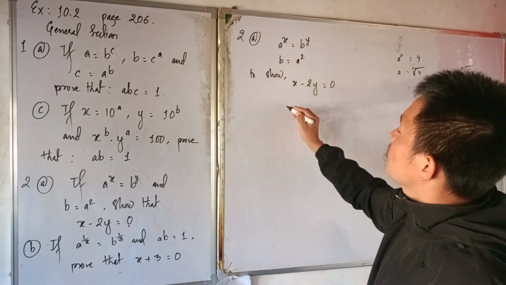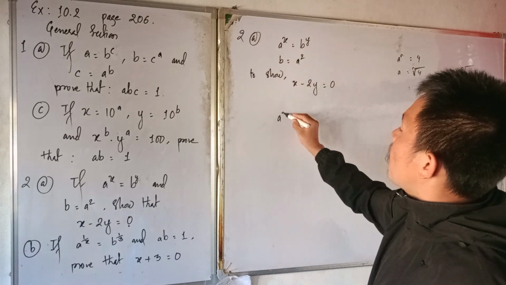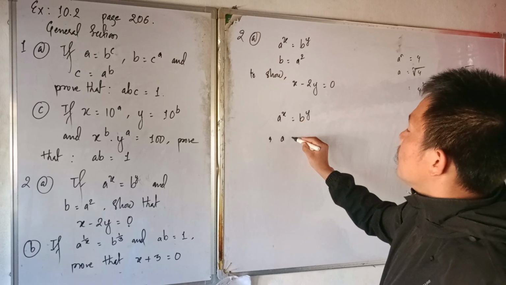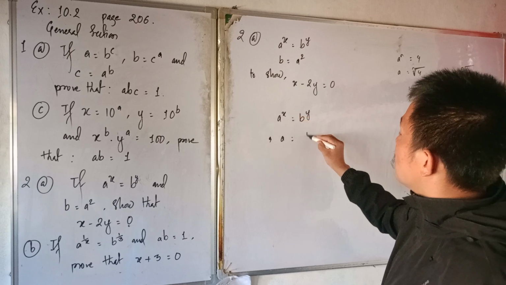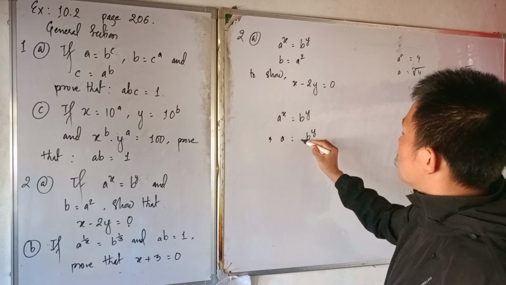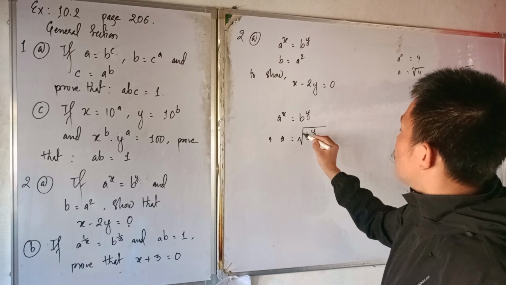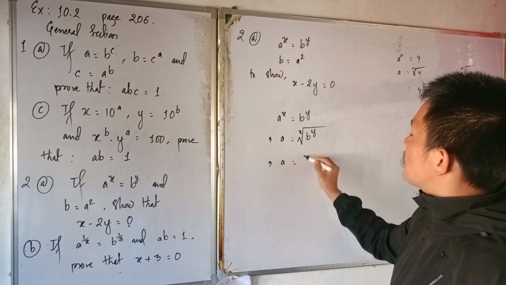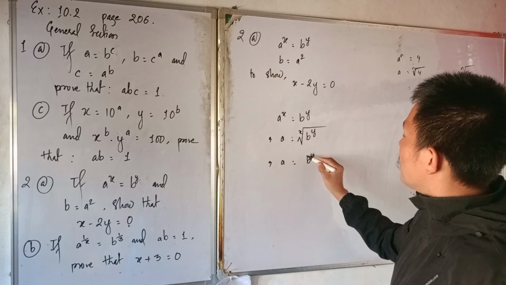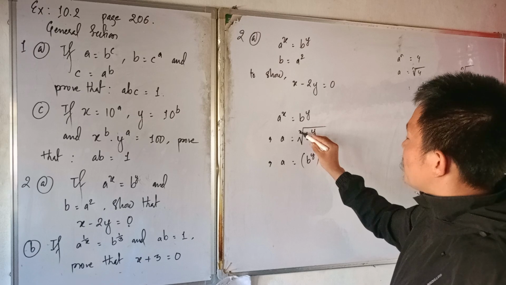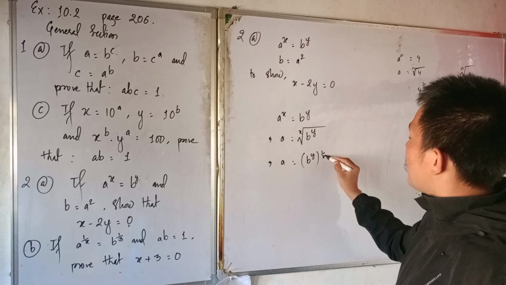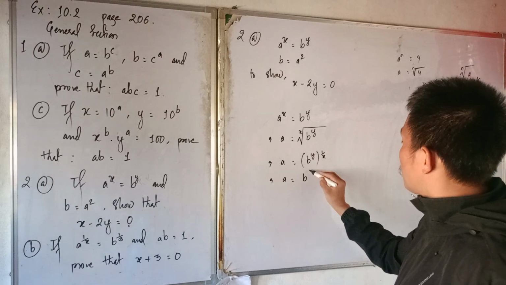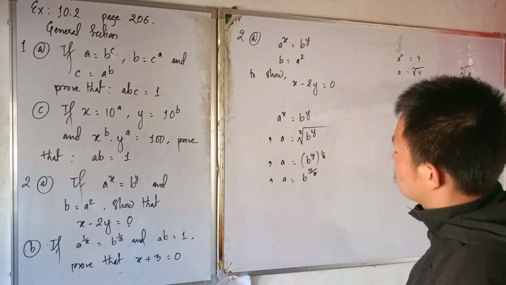So what you do is, you just use a power x is equal to b power y. This becomes the xth root. Now a is equal to b power y, and if you want to express this in power, it becomes 1 by x, so a is equal to b power, if you just multiply, y by x.